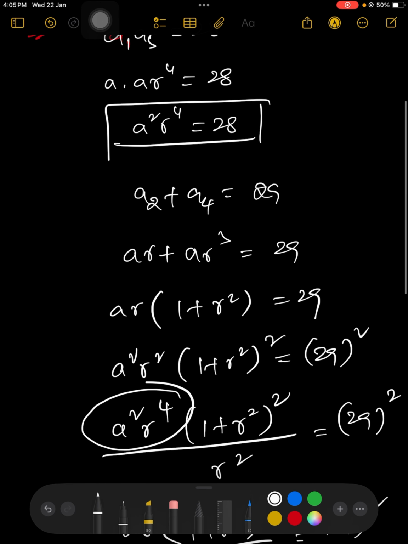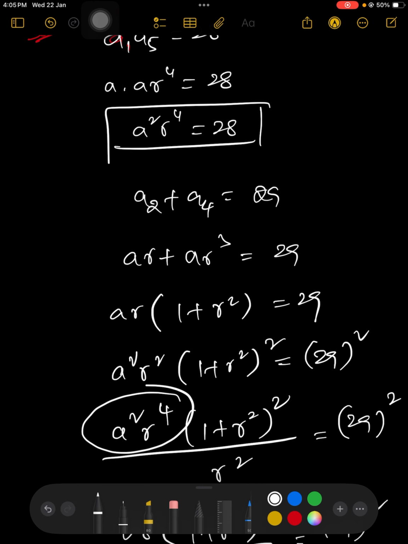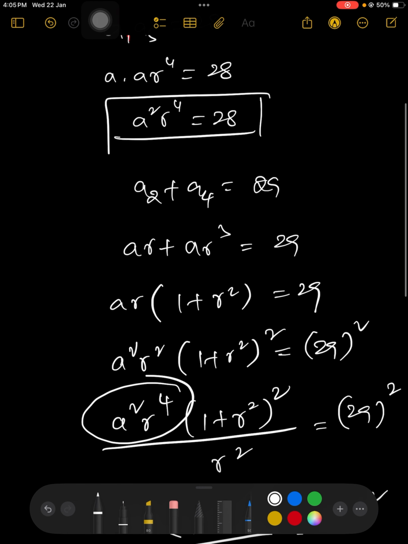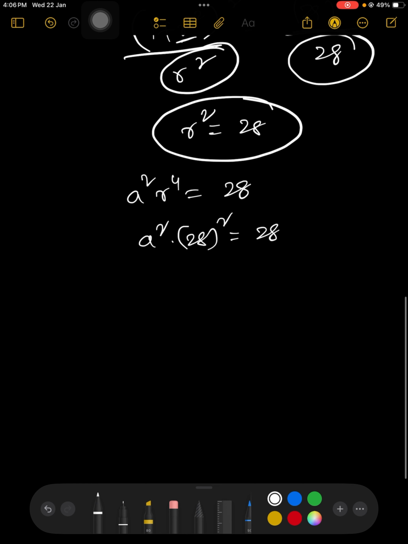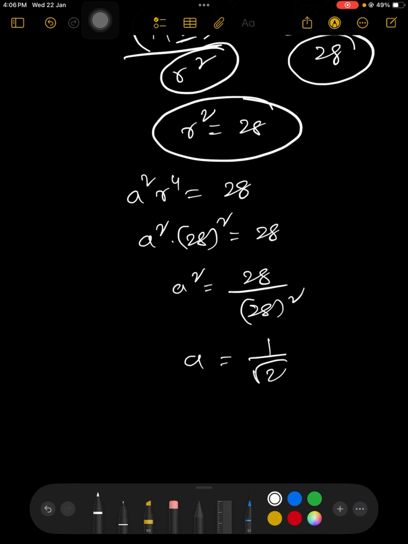Now in the case of R square equal to 28, R power 4 equal to 28 whole square, then A square R power 4 equal to 28, right? Then A square into 28 whole square equal to 28, then A square equal to 28 by 28 whole square, so that A equal to 1 by root 28.